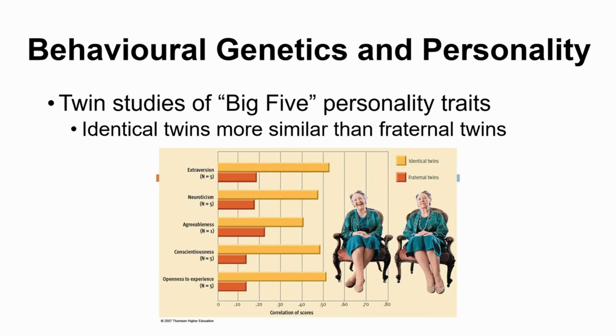So we know that there's way more going on than just genes, but this is evidence that there is some contribution of those genes. And we can see a little bit of variation here, where things like extroversion, introversion are really high, and even openness to experience is fairly high, whereas agreeableness seems to be a little bit lower. So some of our personality traits will have a little bit lower of that genetic contribution according to these studies.